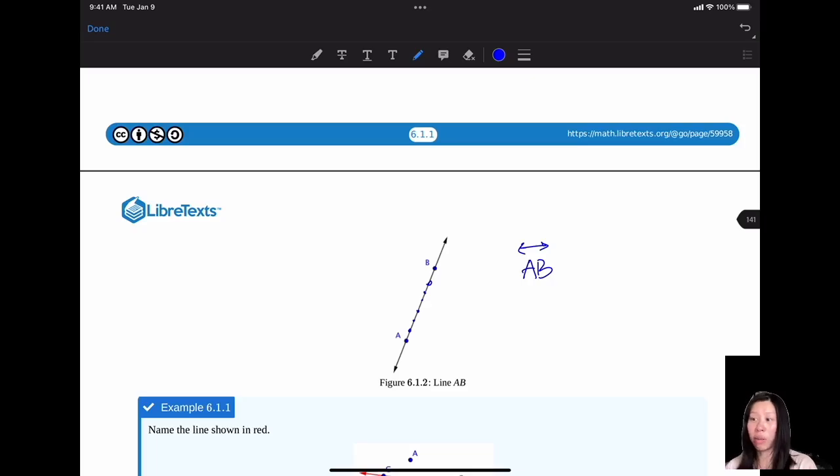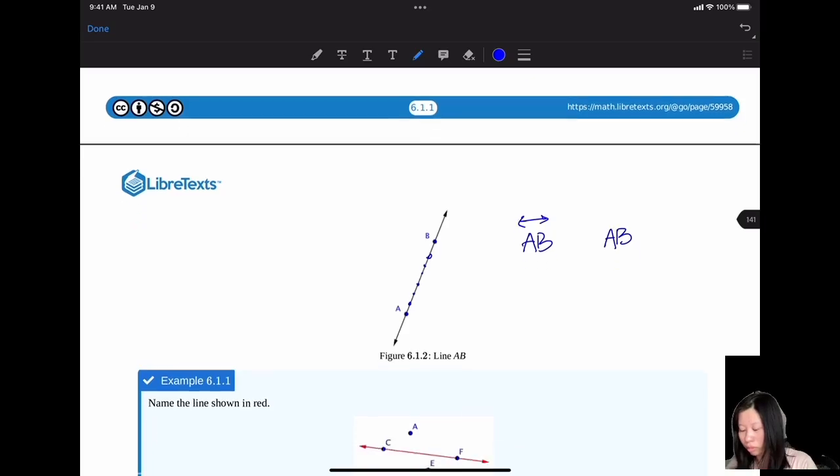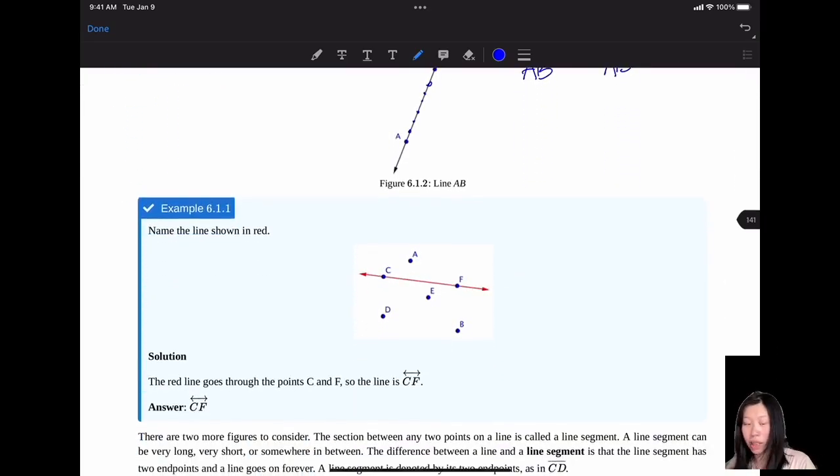And also sometimes you will see them say line AB in that way, without the arrow line on top. That also indicates that it's a line. For example, in here, a line would be what? A line CF.